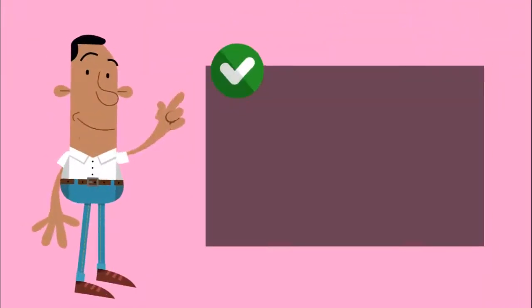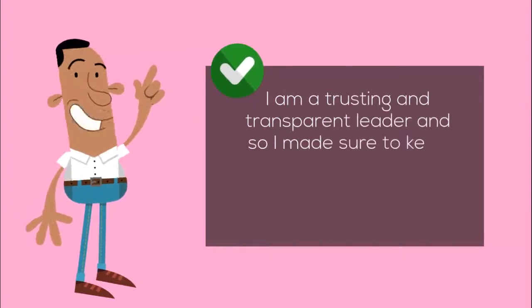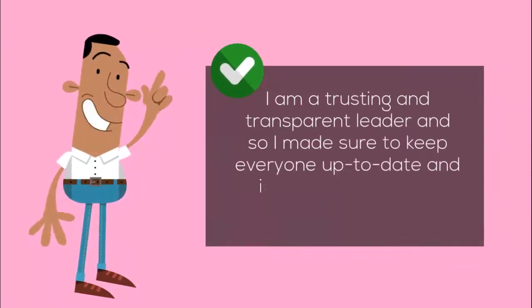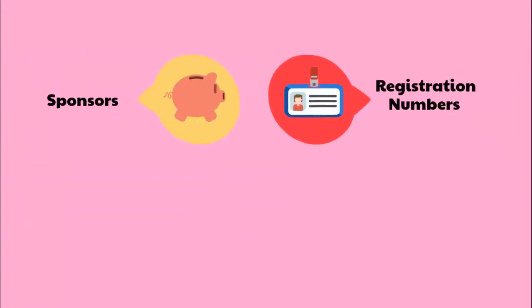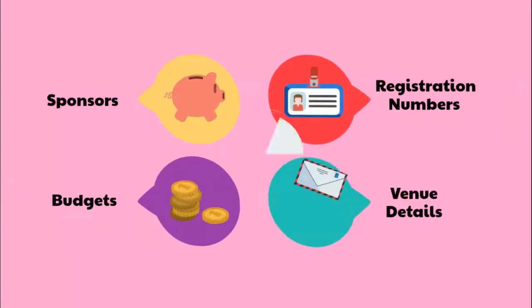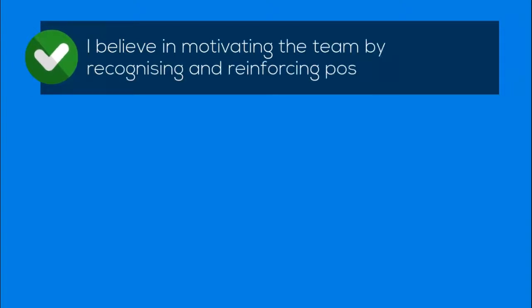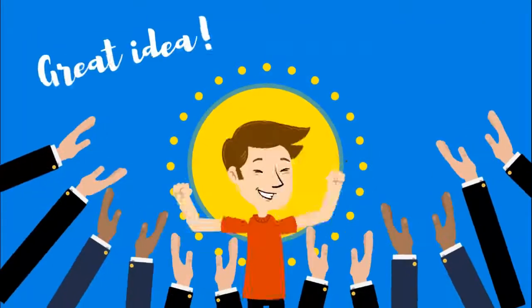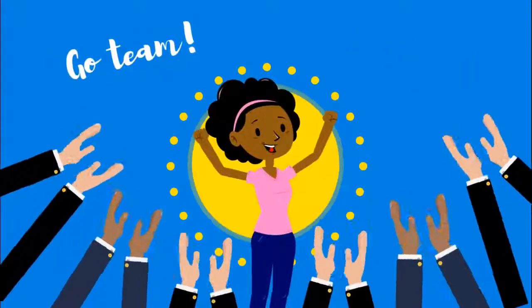Secondly, I'm a trusting and transparent leader, and so I made sure to keep everyone up to date and informed with all the necessary information, such as conversations with sponsors, registration numbers, budgets and venue details. Thirdly, I believe in motivating the team by recognising and reinforcing positive behaviour, which I made sure I did at each meeting by acknowledging and thanking them in front of the others.